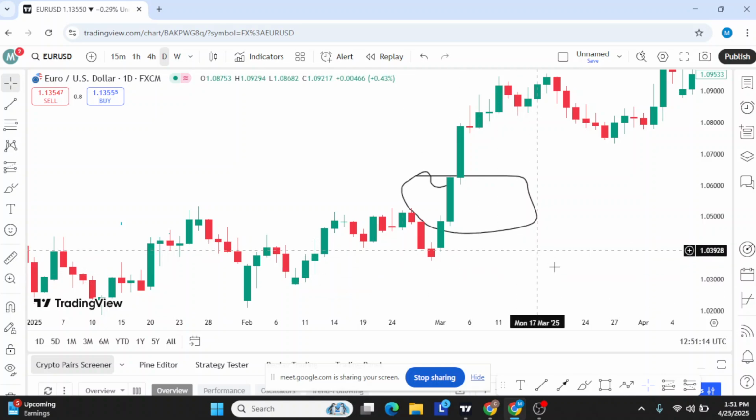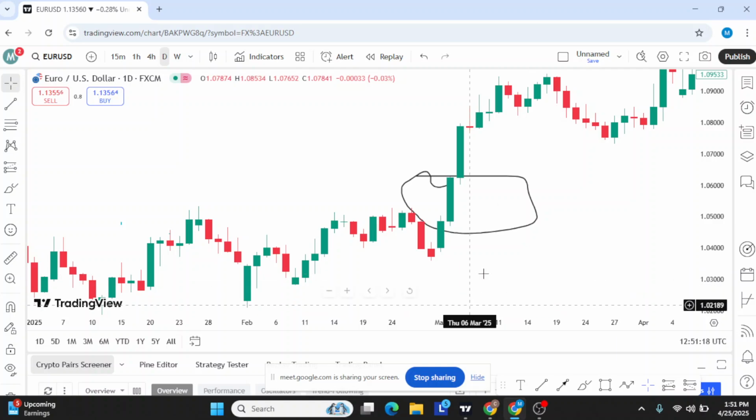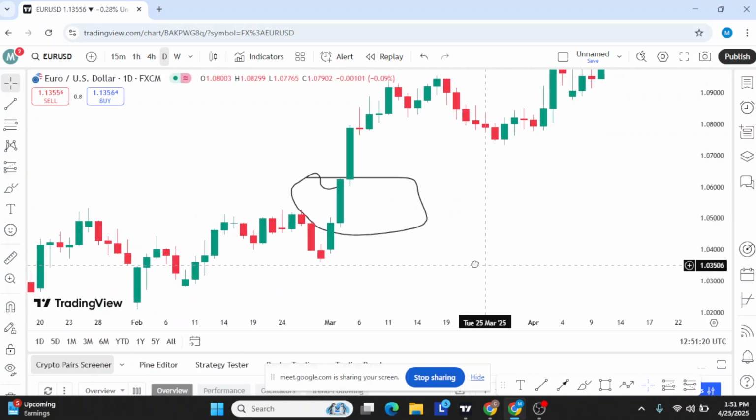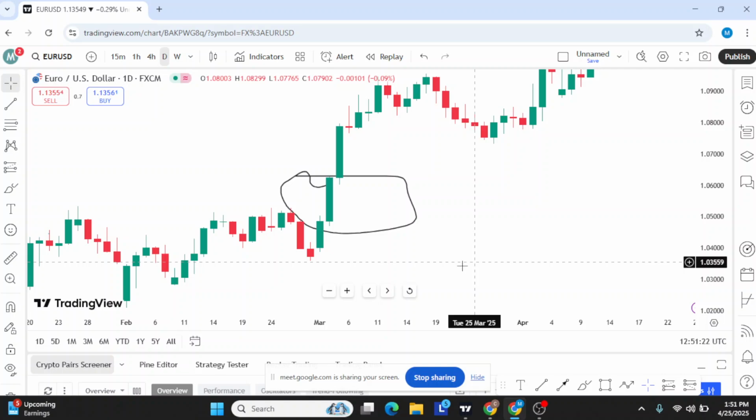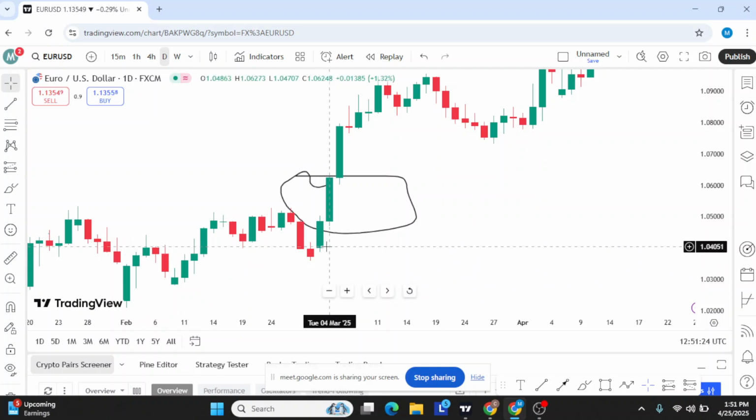And after that morning star, what is the candlestick pattern we are able to spot? Bullish Marubozu. In this sense, after you've confirmed your morning star here and you are seeing a bullish Marubozu, what does that tell you? It's telling you the willingness of the buyers to keep pushing the price up. So that's why I said earlier, you can make use of it as a continuation in line with where the market is heading.